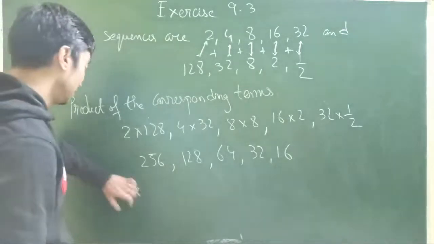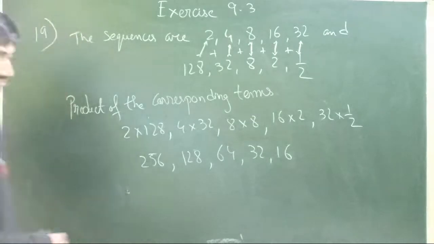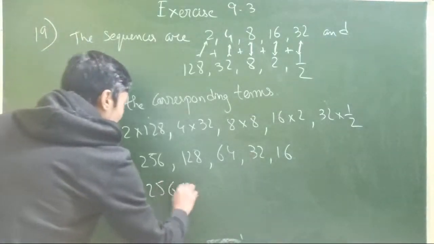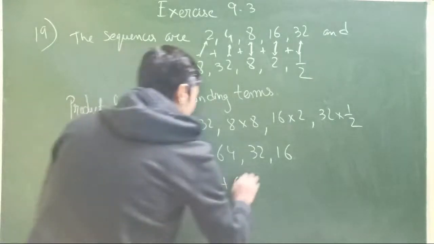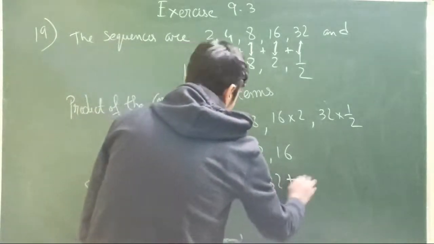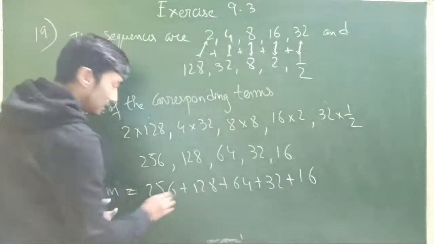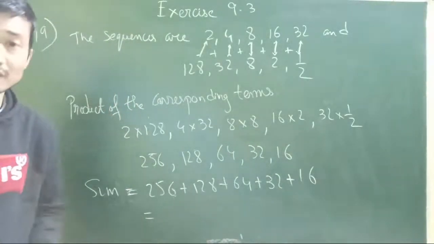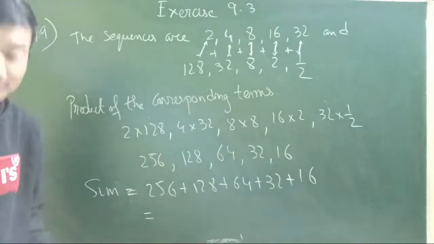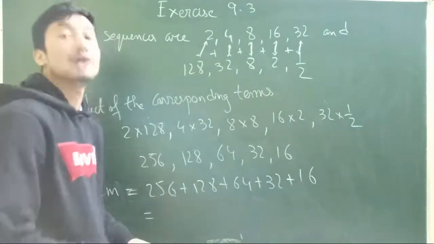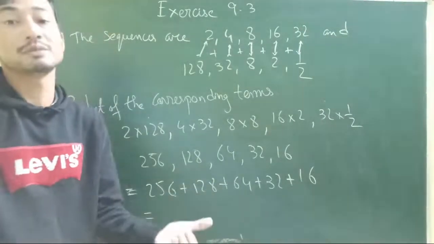Sometimes it's very simple. Do we really need to use the formulas here? I don't think so. As long as we're doing it mathematically correct, it doesn't matter. If the question doesn't say you have to use the sum of n terms formula, is it given there anywhere? No, absolutely not. They are just saying find the sum of the products.